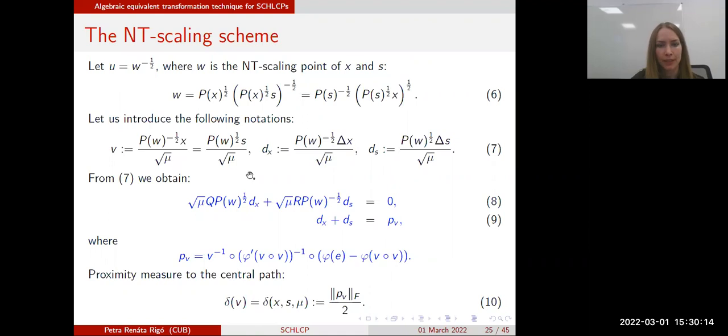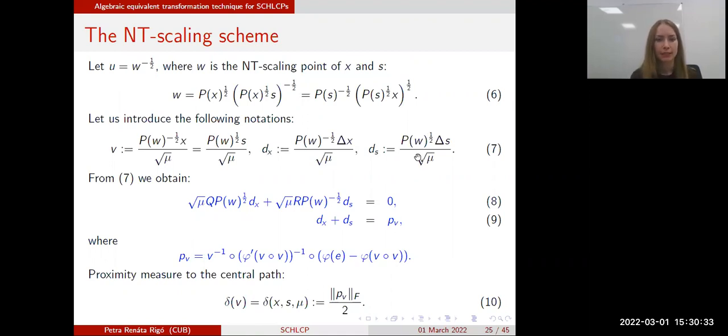So this is the corresponding scaled search direction dx and ds computed by using these delta x and delta s search directions, and by using that quadratic representation of v.